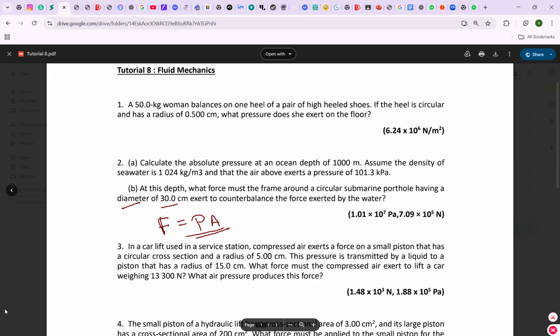What are you getting? See, pi r squared. No, pi r squared is to find the area. But before finding the area, we have to convert the diameter to radius. I know that diameter is 2r, right? So 30 divided by 2.